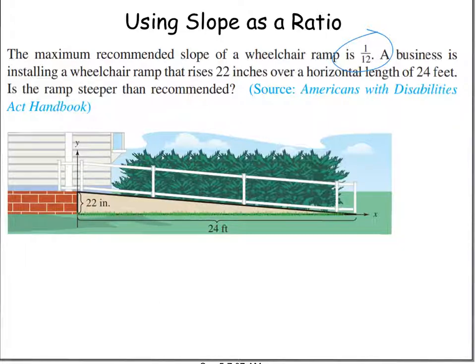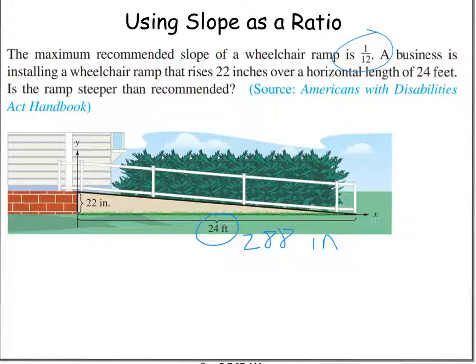No more than 1/12. Now the first thing I'm going to do here is look right at that. Okay? I got a little unit situation going on. The two units don't match. The rise of that slope is in inches, and the run, that's a term for the change in x, is in feet, which is not good. I'd want them to be the same.